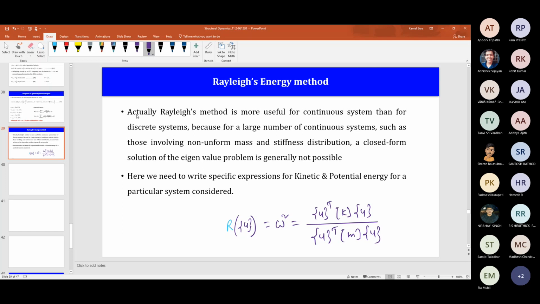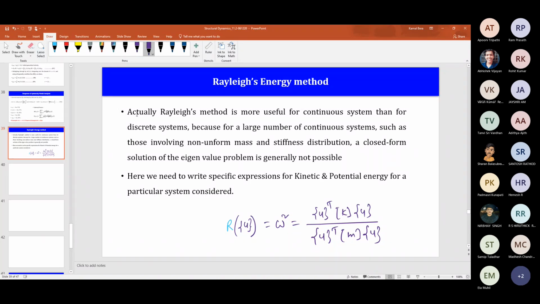Similarly for the continuous system, this Rayleigh method is quite helpful, even more so. We have seen how to find the natural frequency and mode shape for a cantilever beam and simply supported beam, and I asked you to do it for other sets of boundary conditions.